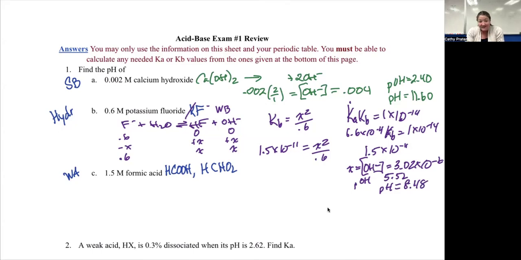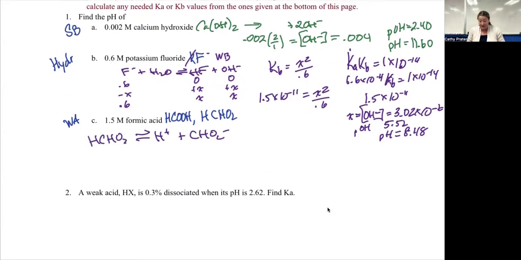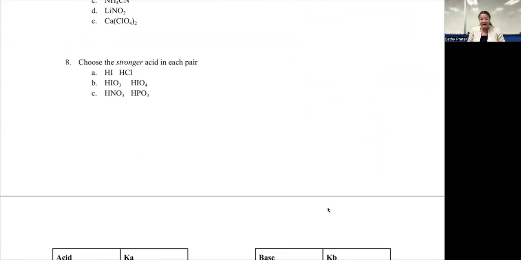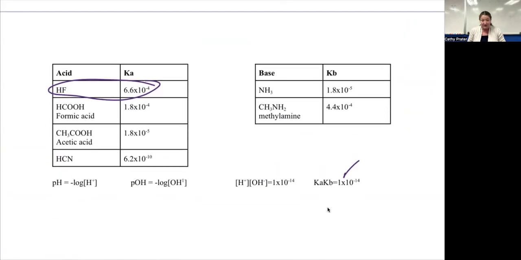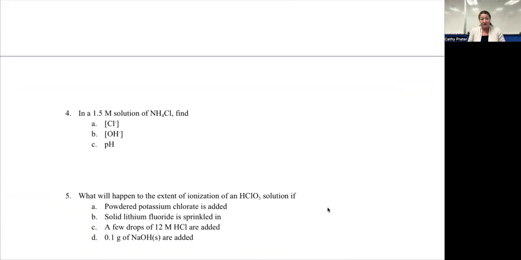For the formic acid problem, we have a weak acid problem, and our K is conveniently given. If I want to shortcut the table, I can, because I get to decide what I get to do. The Ka for formic acid is at the bottom here: 1.8 times 10 to the negative fourth.